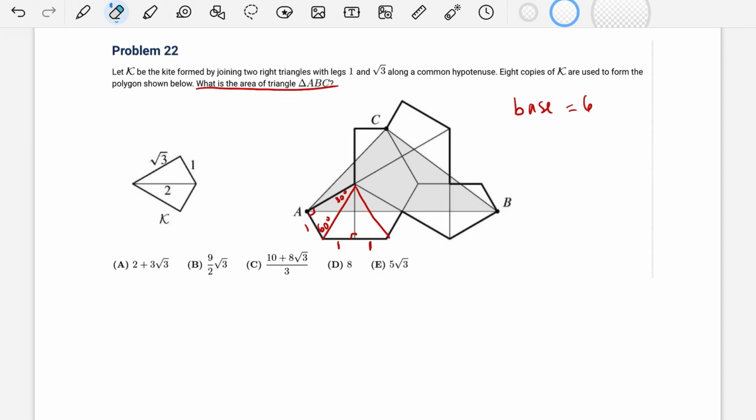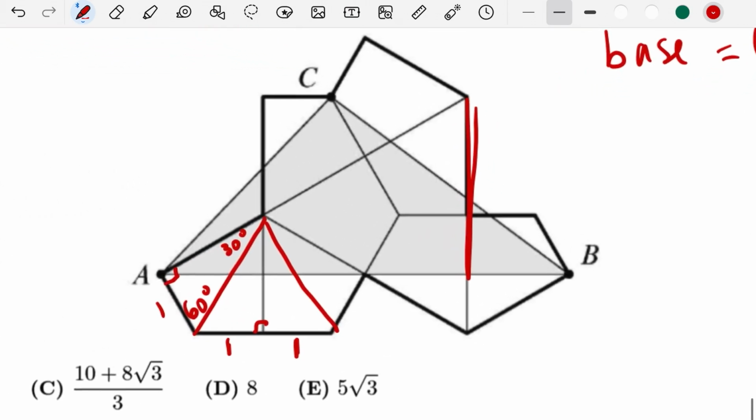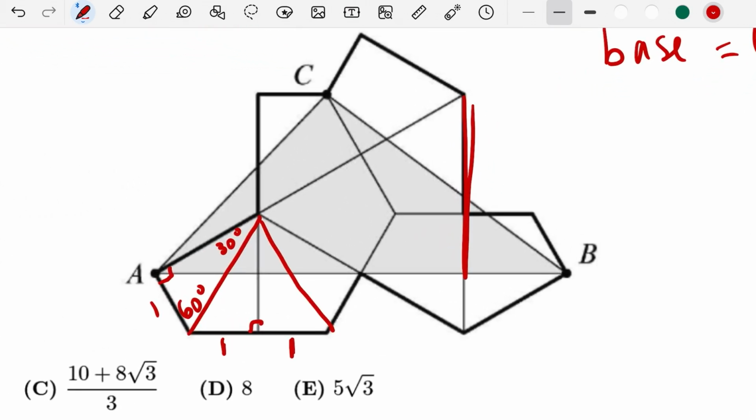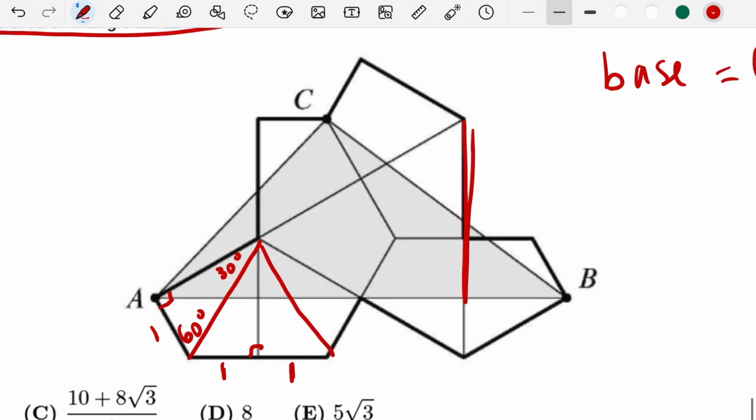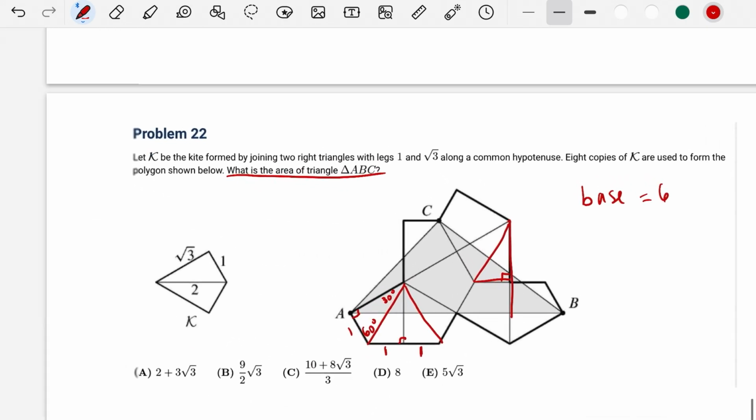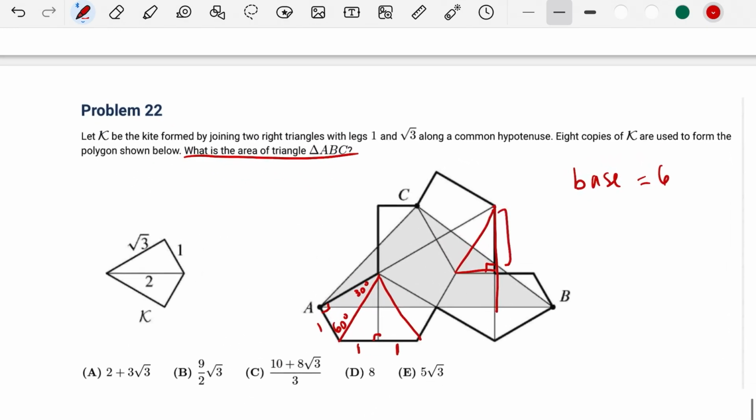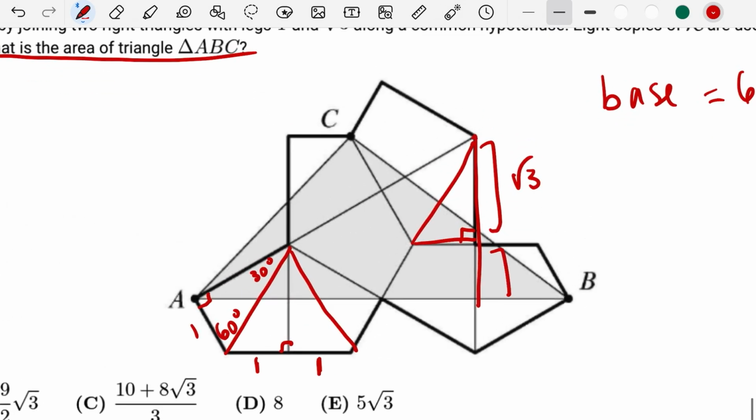So for the height, we can just consider this segment right here. As we said before, using this right triangle, the problem tells us that this length here is square root 3. So all we need to do now is to find this length for the height.